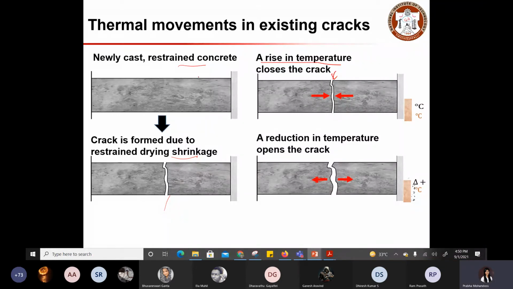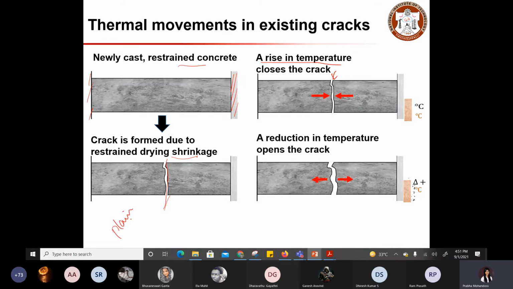So look at it in this way. You have newly cast concrete, and when there is a restriction, restrainment occurs because you have a fixed condition at both ends, and when the concrete is drying, because of this restrainment, you observe cracking in the concrete. You can see this exactly at the center, and this is the case for plain concrete.